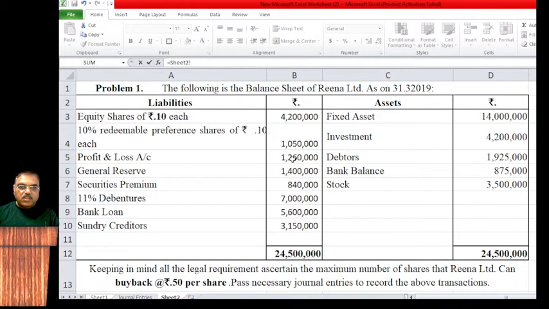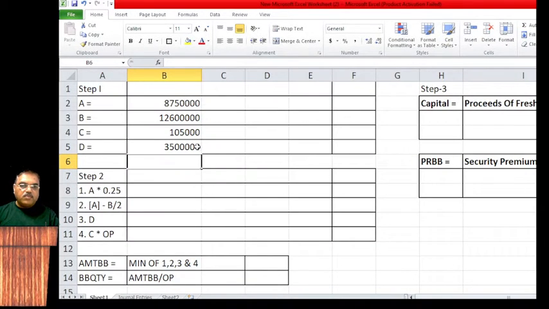Free reserves are profit and loss plus general reserve plus security premium, and it comes to 35 lakh. So we got these amounts: A is 87 lakh 50,000, B is 1 crore 26 lakh, C is 1,05,000, and D is 35 lakh.